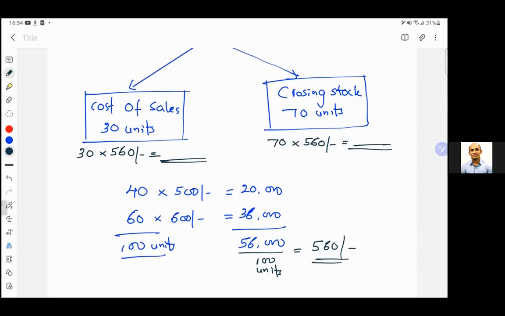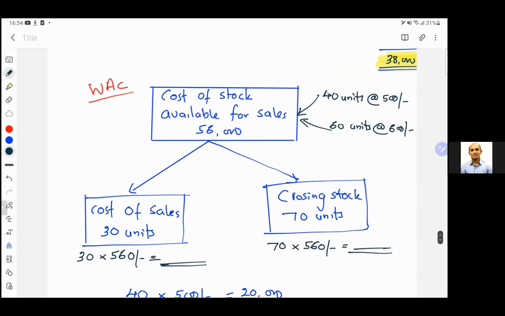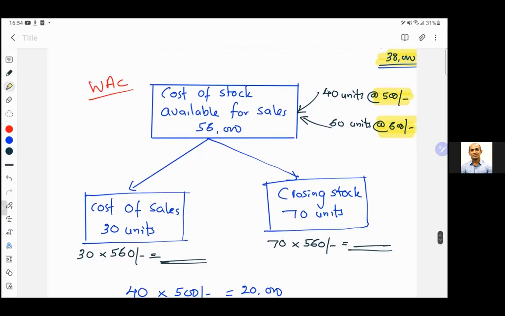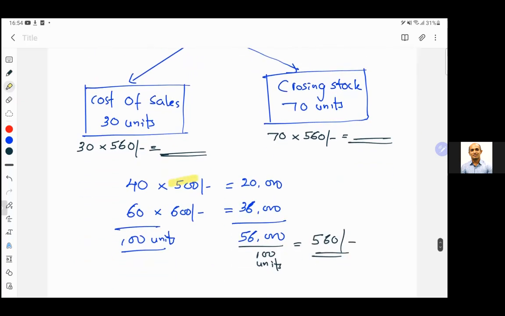Now you see in the weighted average cost method, the cost of sales and closing stock include an average of old and current prices. Old price, last year's price, is 500. Current price, this year's price, is 600. You get the weighted average of last year's price and current year's price.